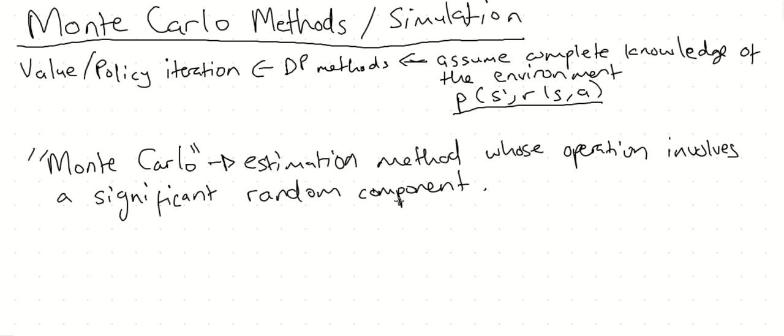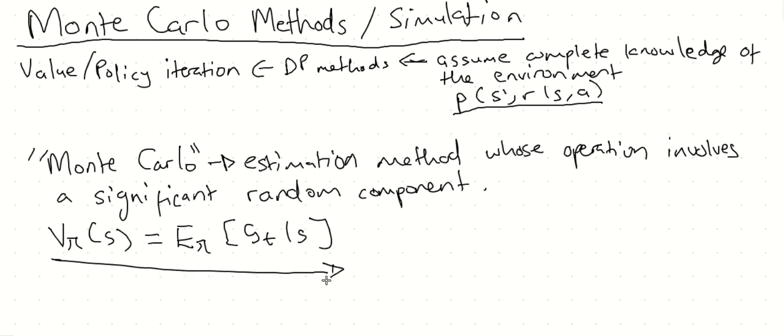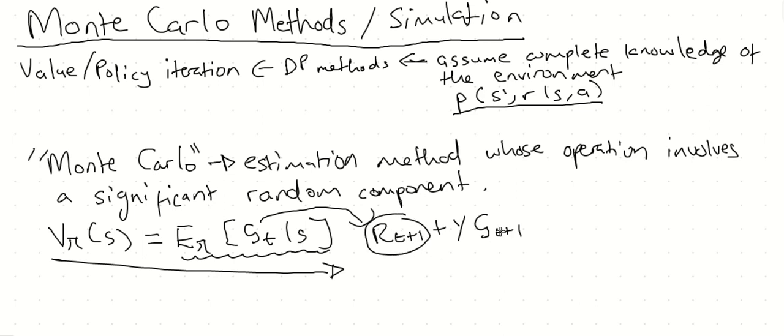Having read through that, the first thought we might have is, how does this apply to us? What is the random component that we're trying to estimate? If you remember, the whole point of this reinforcement learning series is that we are trying to estimate, for instance, a value function under some policy pi in state S. We say that this is an expectation under pi of G_t, where G_t is the return given S. This is the very estimation that we want to compute, and if we break it down, it depends on R_{t+1} plus gamma G_{t+1}, which means we have all these rewards and the future state that we end up in, and we don't actually know the values of these rewards.